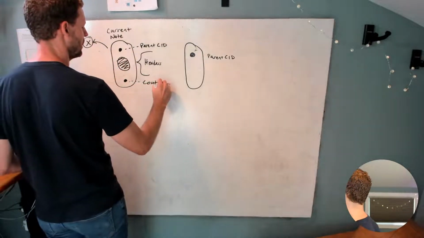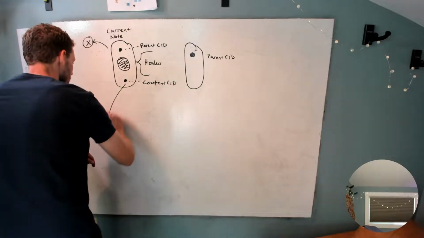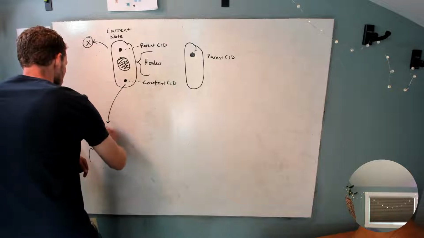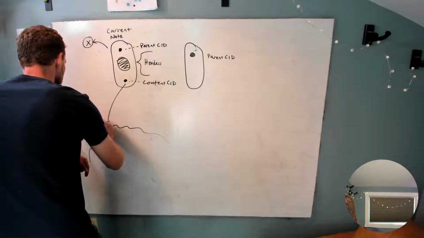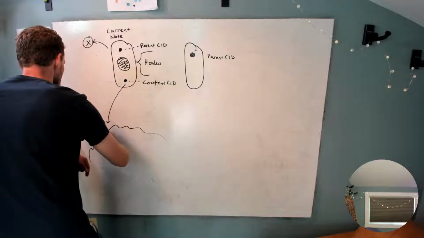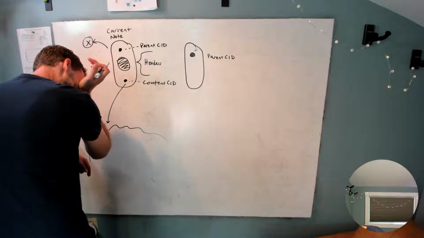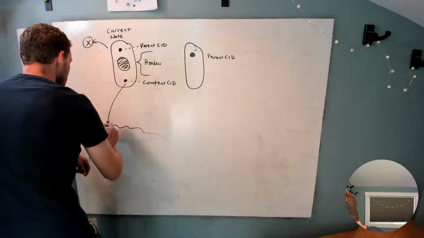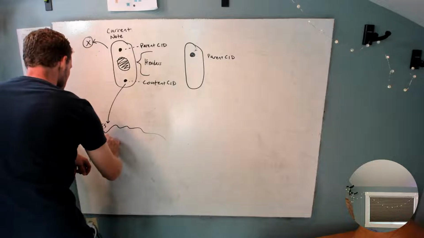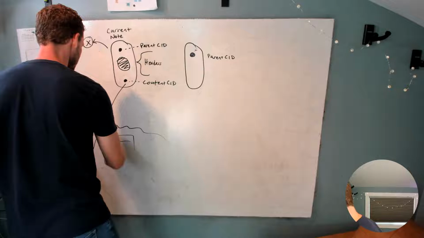Then a content CID, which will point down to IPFS. I'm not sure how I want to represent this yet, but one of the things I'm thinking about is how to have an IPFS visualizer inside the Noosphere Simulator. This will point to some content, some kind of file. Again, I haven't figured out how to reference that.